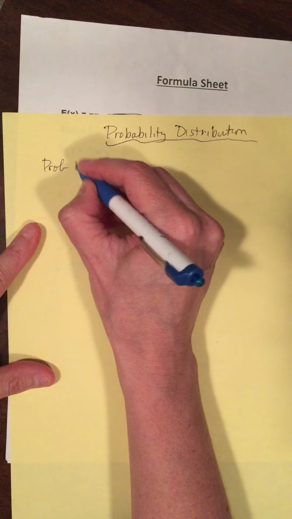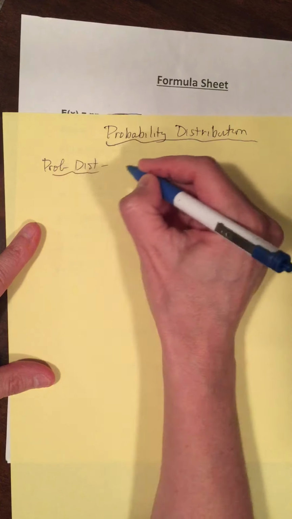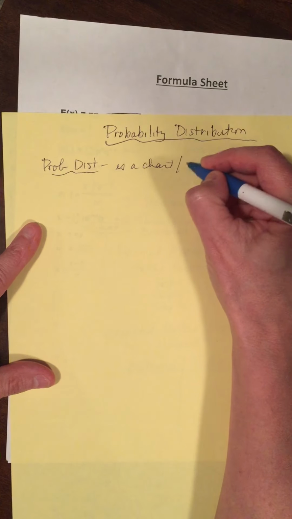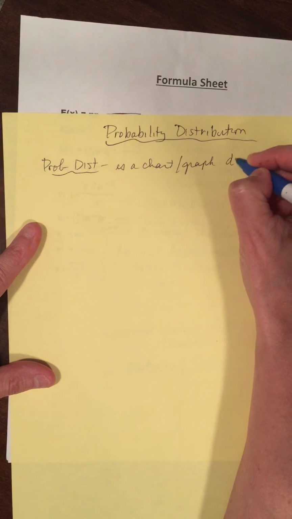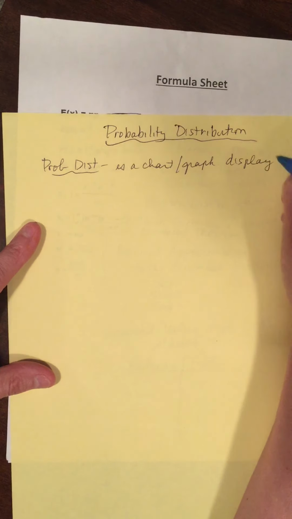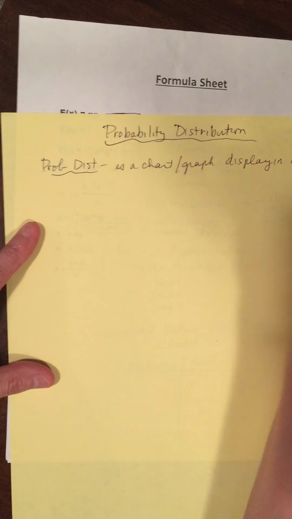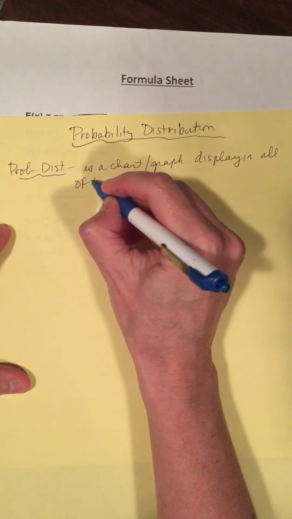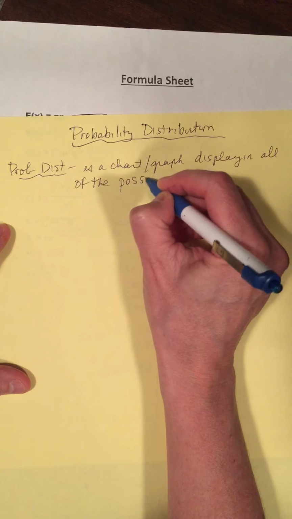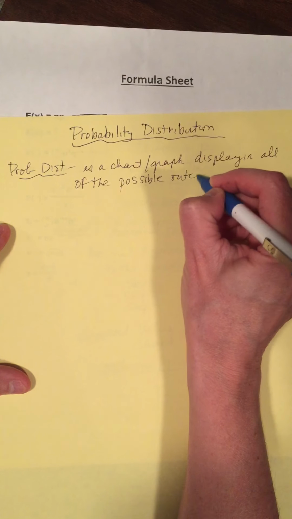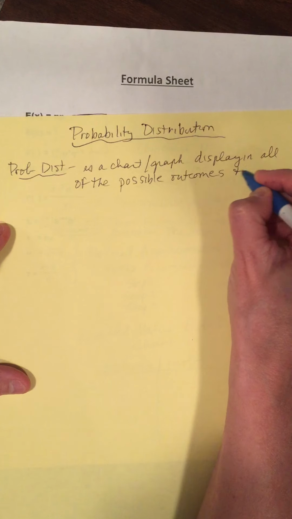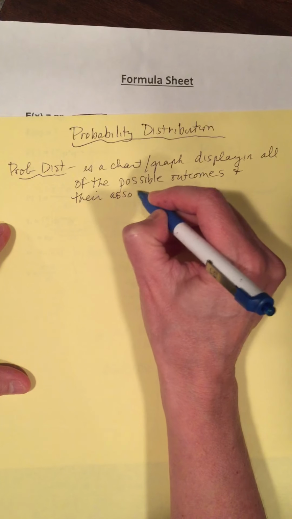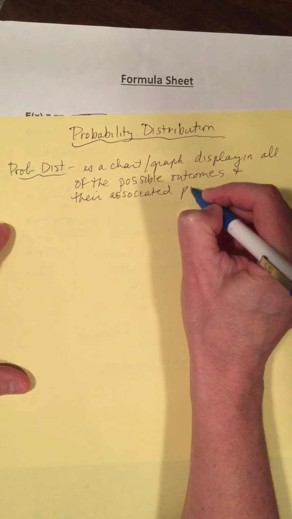So the first day, a probability distribution is a chart or graph, and it displays all of the possible outcomes and their associated probabilities.